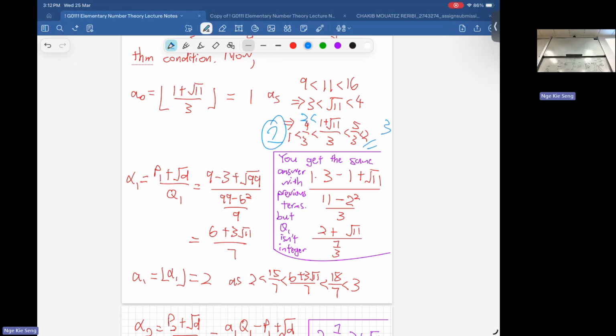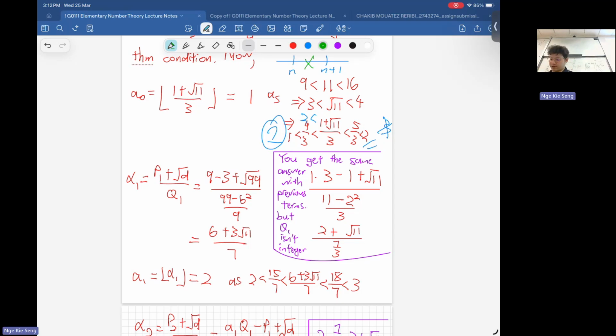And so that's why you need to really squeeze it between n and n plus 1. You can then argue that n is the largest integer less than the number. You cannot leave too much room for this number to move around. Well, what I meant is this: you need to be able to squeeze your number in between n and n plus 1.